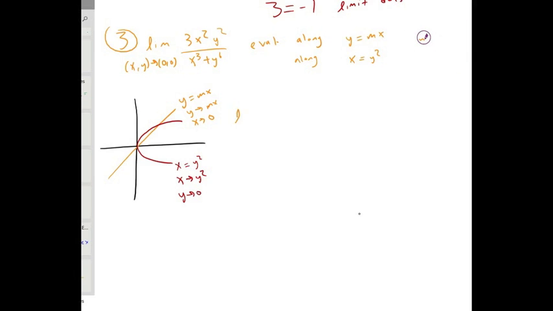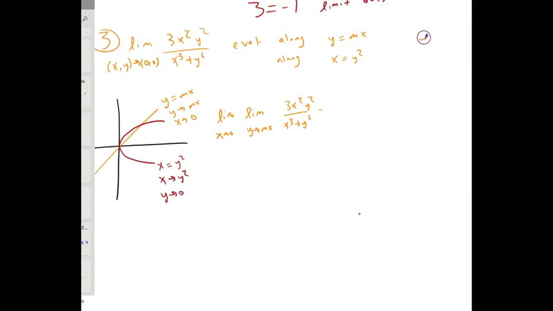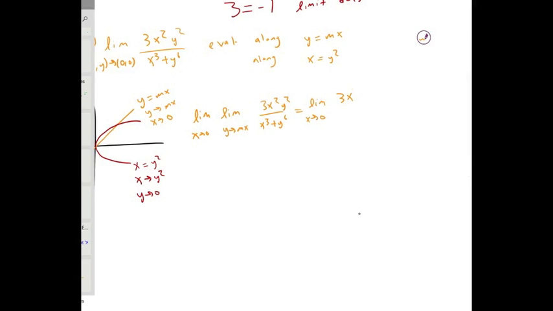So our first limit: first, on the inside, we'll have y approaching mx and x approaching 0 of 3x squared y squared over (x to the third plus y to the sixth). So we just plug in mx wherever we see y. So we have 3x squared times (mx) squared over (x to the third plus (mx) to the sixth).